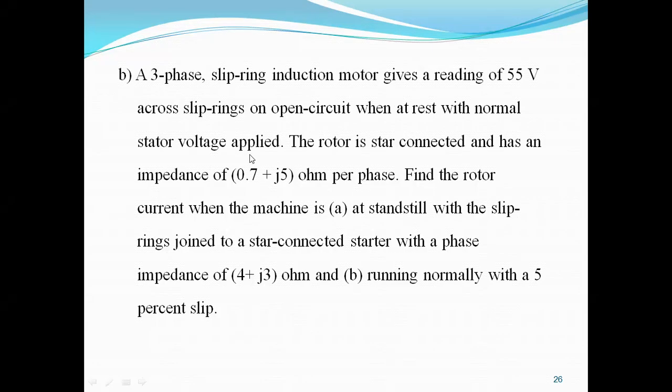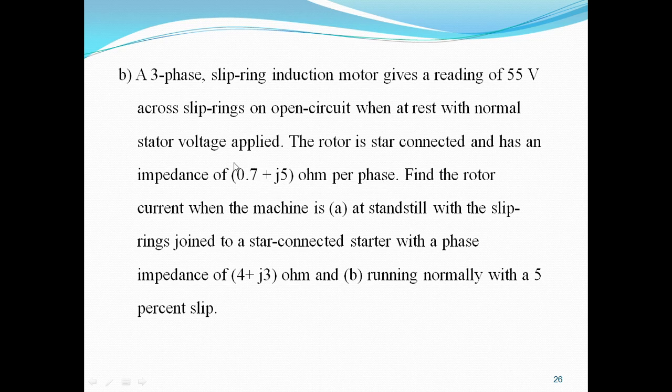The next problem is very important; many times he has given it. A three-phase slip ring induction motor gives a reading of 55 volts across slip rings on open circuit when at rest with normal stator voltage applied. The rotor is star connected and has an impedance of 0.5 plus J5 ohms per phase.